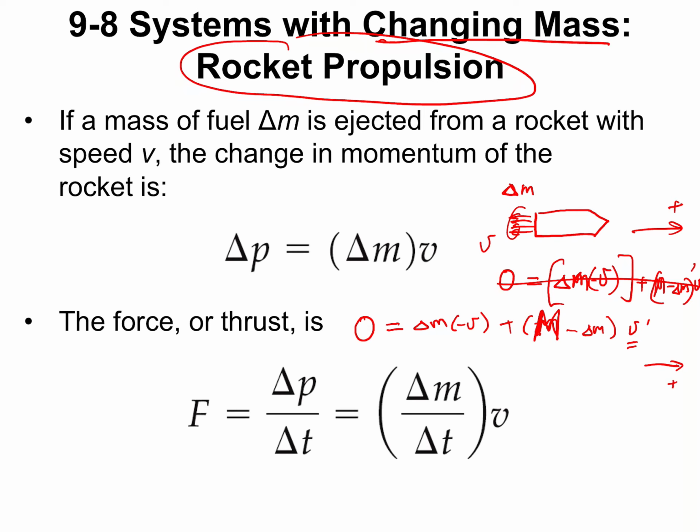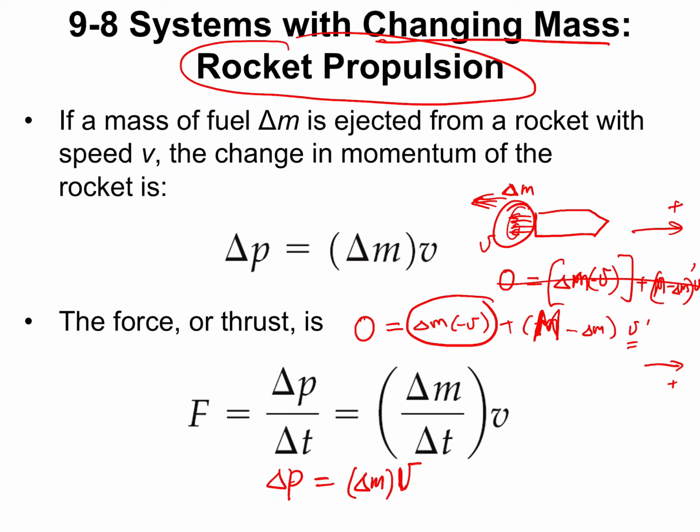What happens here is you push out this much mass with the velocity v, and so this is a momentum change of the mass. For the whole rocket, the momentum change is delta m times v.